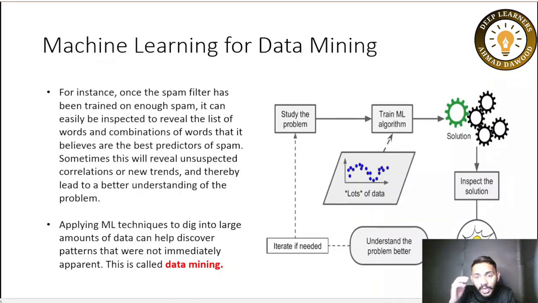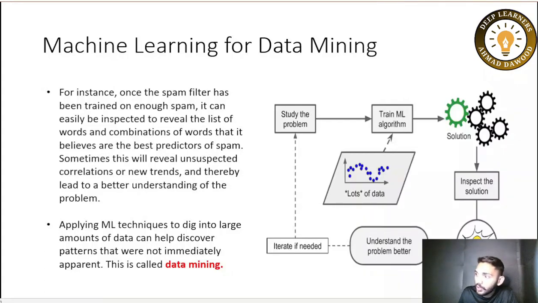The model will figure out which phrases or words are unusual in spam emails as compared to non-spam emails. When you feed the data to your model and it detects the patterns or unusual behavior in spam emails, you can also study the phrases or words that the model has detected.